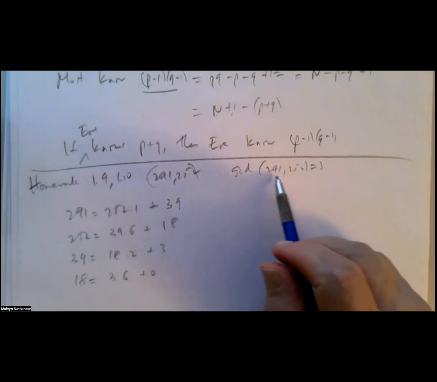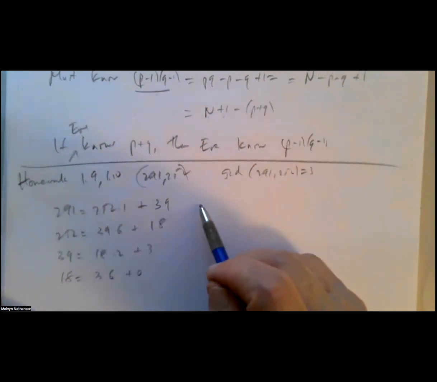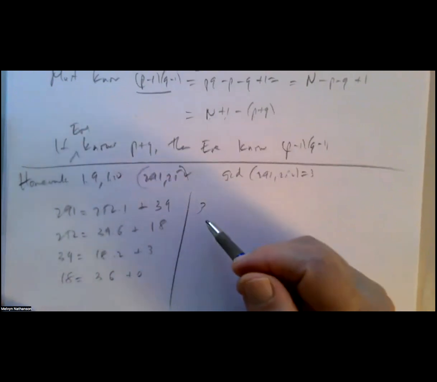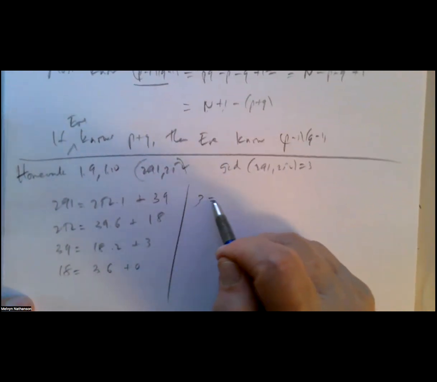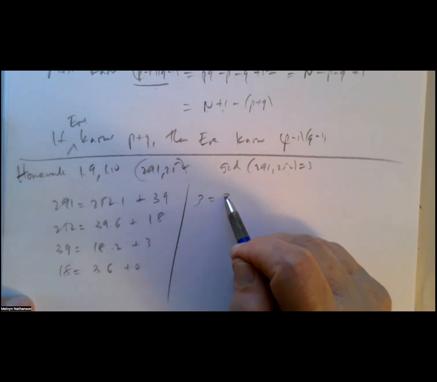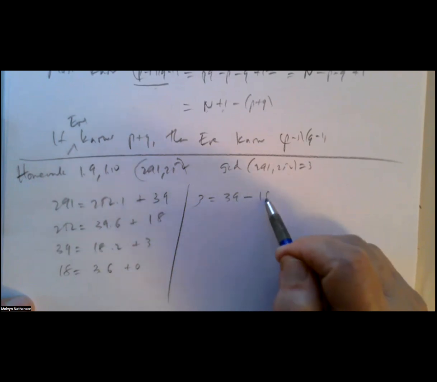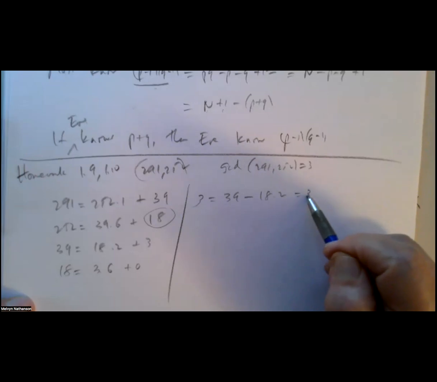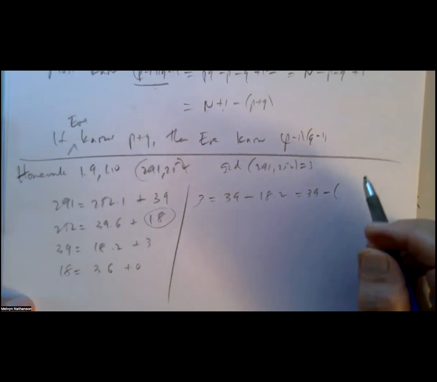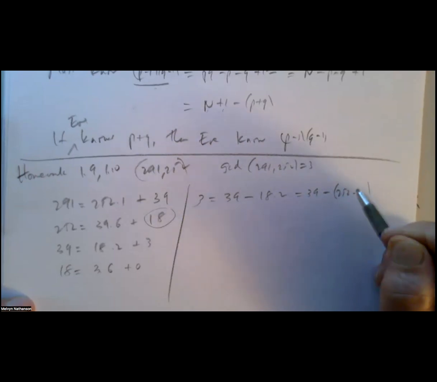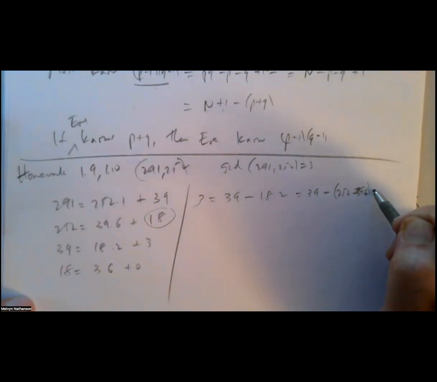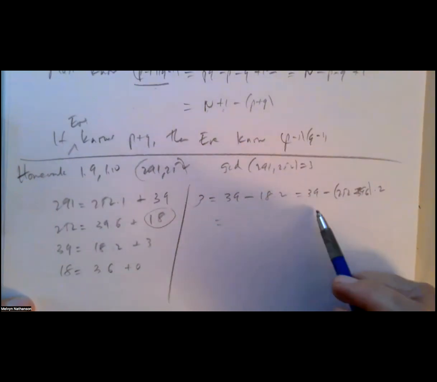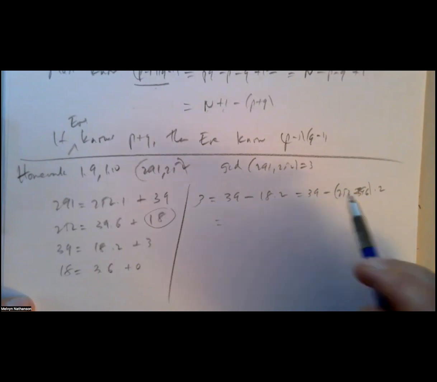And to write 3 as a linear combination of these two numbers, I think I'd actually done this one before, but it's always good doing things again. 3 is 39 minus 18 times 2. But 18 is 252 minus 39 times 6, times 2. So this is 39 plus 39 times 12.